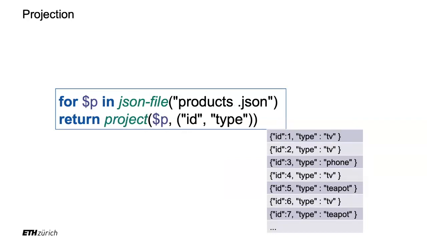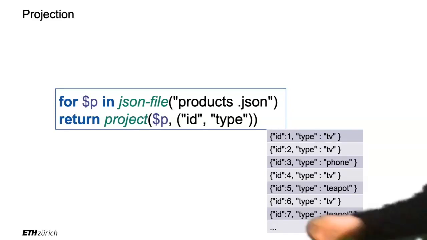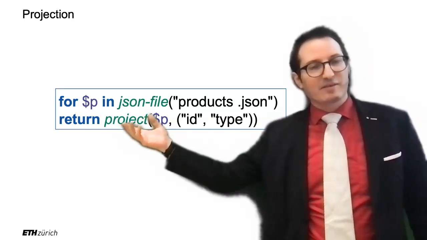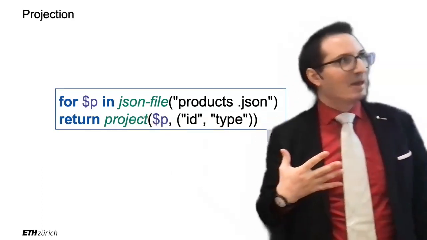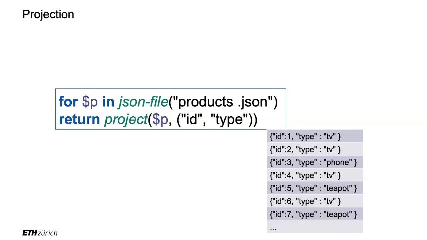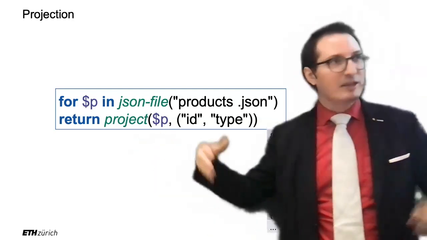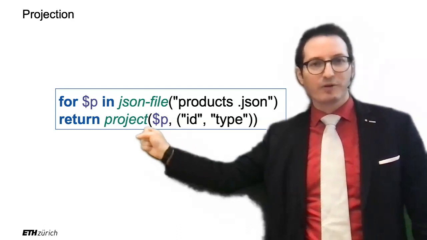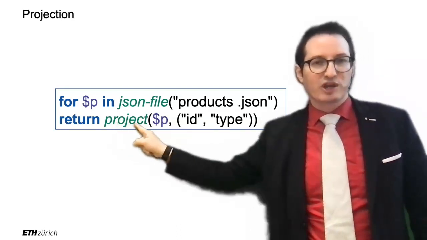What about the projection? Well, the projection in SQL is in the select clause, so that would be in the return clause, because return is the same as select, except that since we can have messy data, we don't just say the names of the columns we want to keep, right? In SQL, we do this because we know the schema, we know the columns and so on. But since JSONiq supports messy data, you can project in any way you want, but one of the ways is to use the project function.